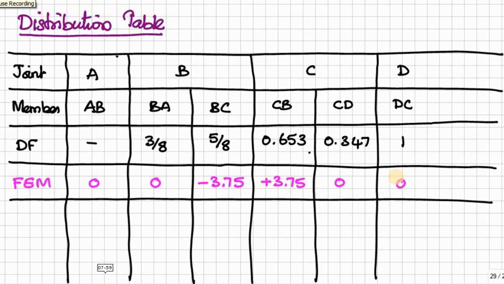So leave it. Next we have to consider the interior joints. What are the interior joints we have in this problem? B and C. Okay. So we have to balance the joint B and the joint C simultaneously.